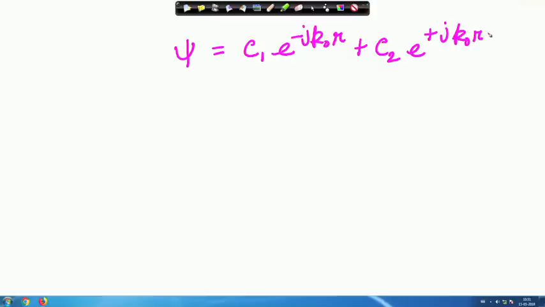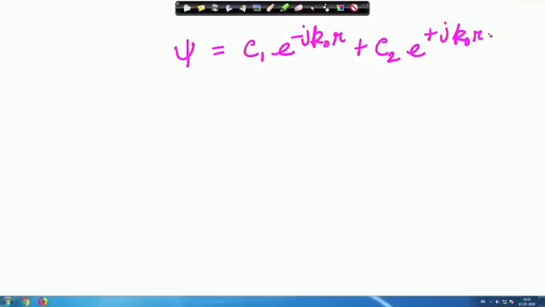C1 and C2 are unknown, that is values to be determined. This is mathematics, but physics says that out of these one solution is not acceptable. Why? Because it is a radiation taking place. So, radiation means transport of energy.